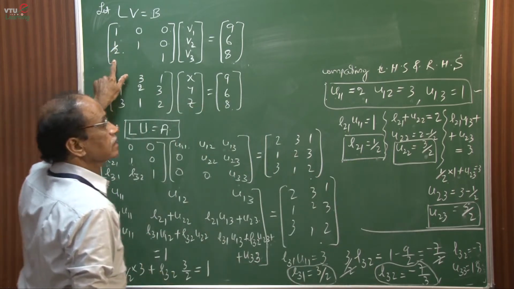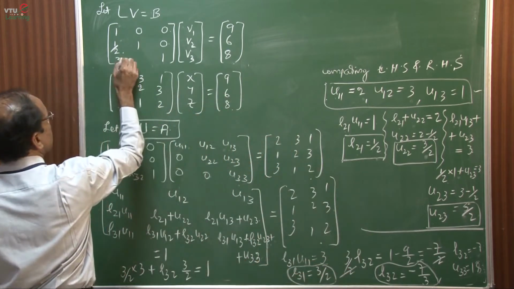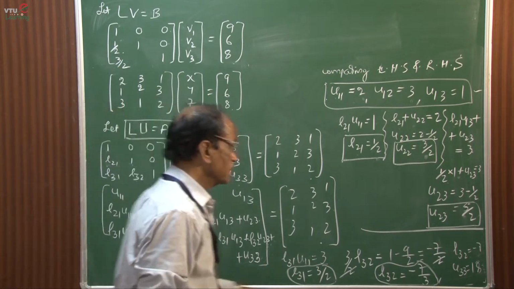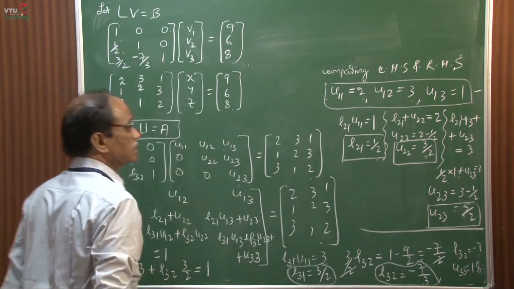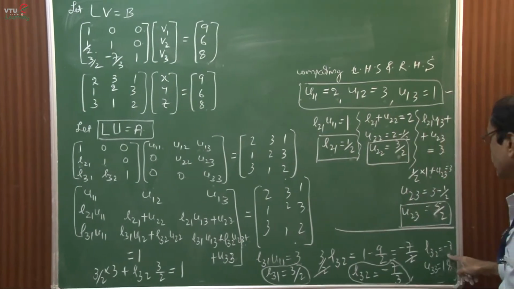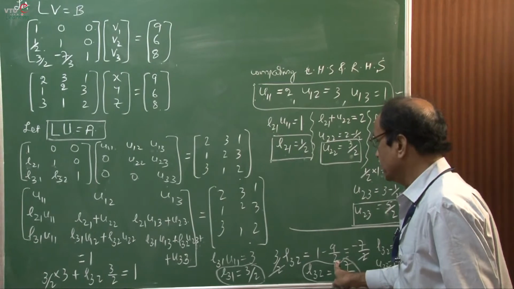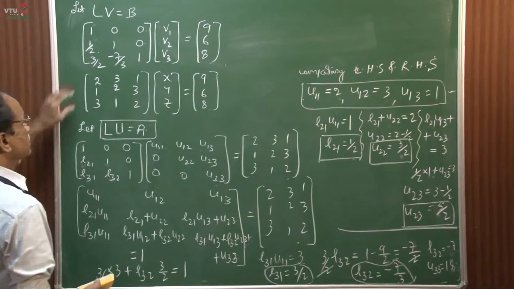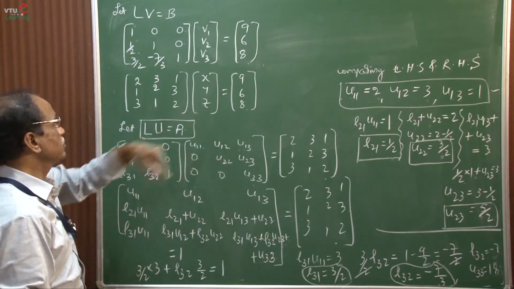And L31 we have calculated as 3 by 2, that is also. And L32 we have written as minus 7 by 3, since the 2 cancels. Okay. This has to be taken for calculation of V1, V2, V3.